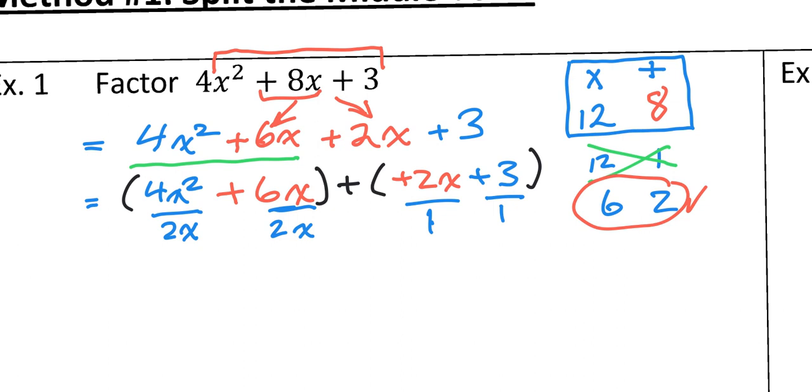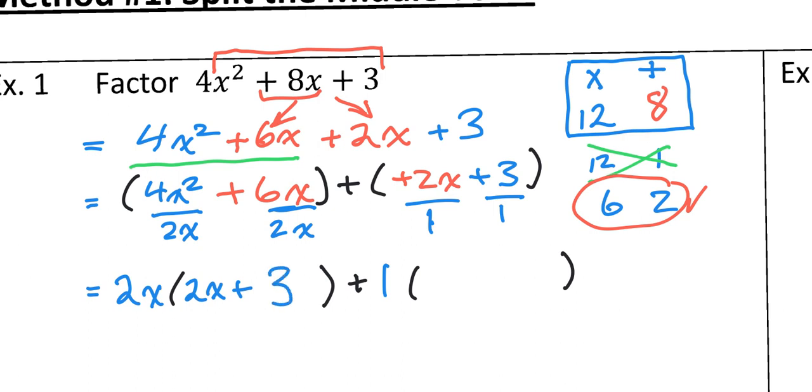So what we can do is take that equation that we have on that second line and imagine that we take 2x off of the 4x squared and the 1 out of the second part. Now what you're going to have is 4 divided by 2 is 2, and then x squared divided by x is x, plus 3.